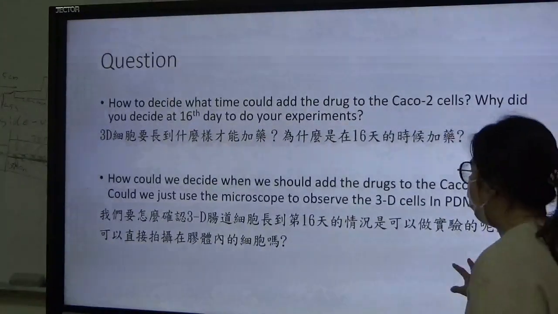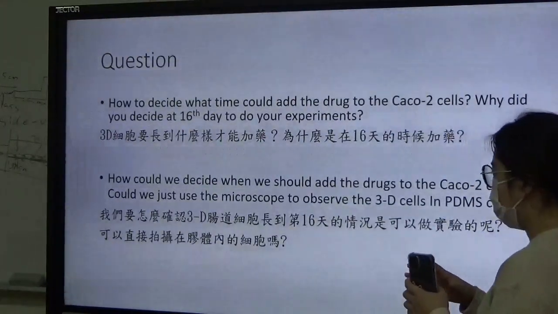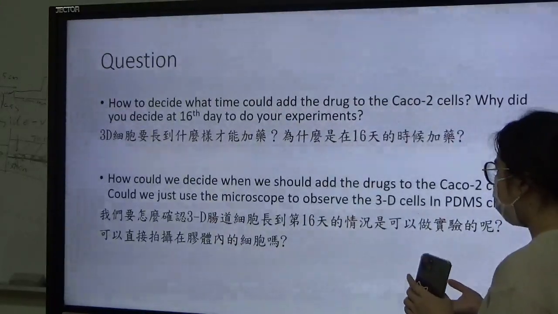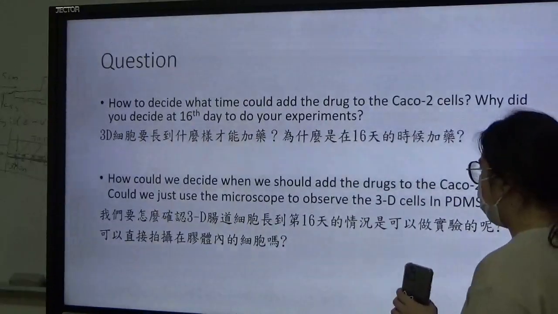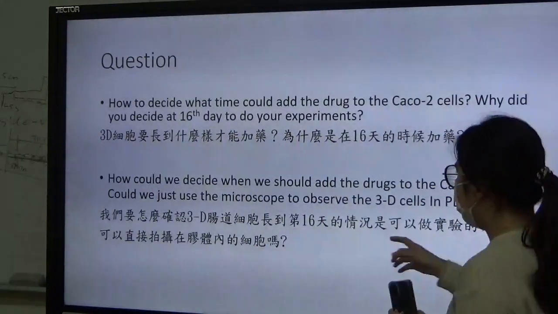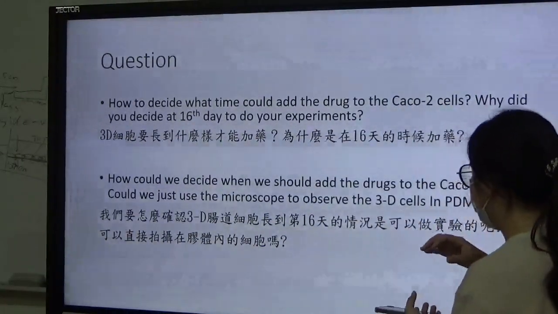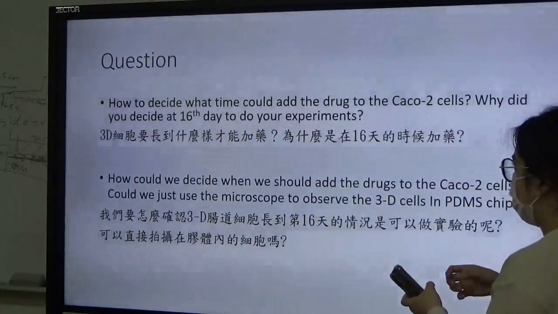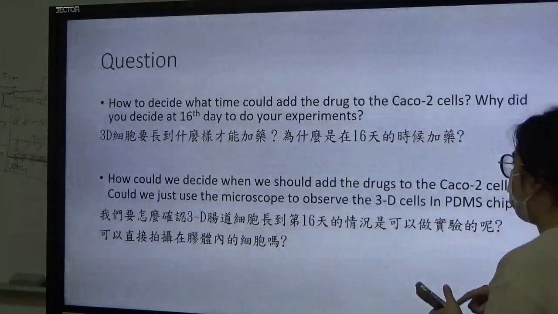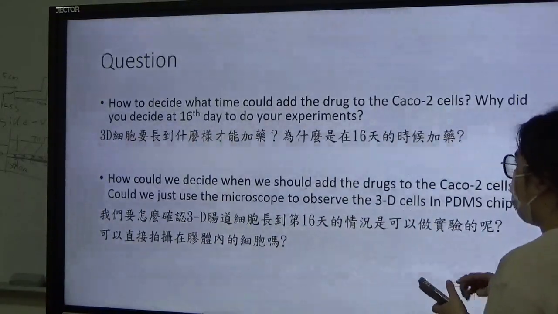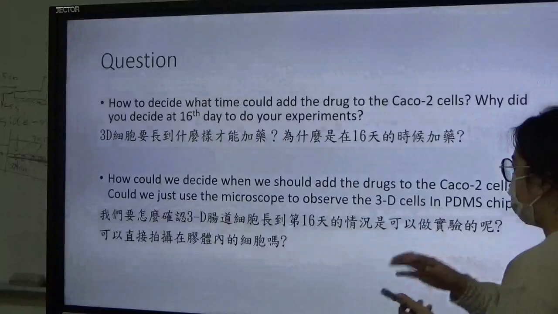And this one is because we had the usual microscope. So could we just use the microscope to observe the 3D culture? Because I see the cell matrix type 1A on the website.